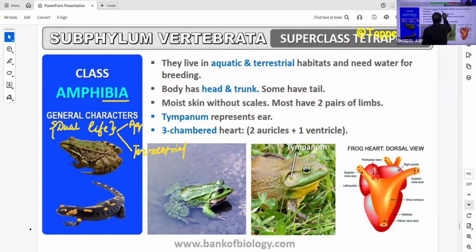They live in aquatic and terrestrial habitats. Fine. Mostly important, they require water for completion of their life cycle, that is breeding or reproduction. It is their most important dependency on water, and the vital aspect for their sustenance also. Why?